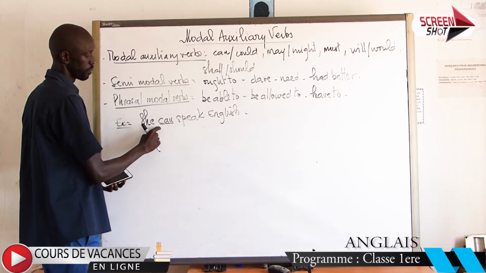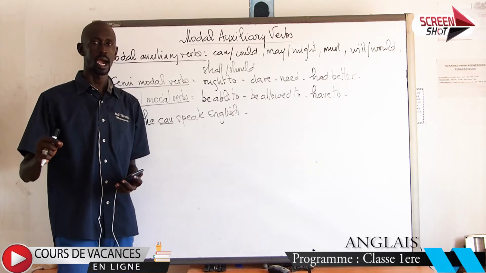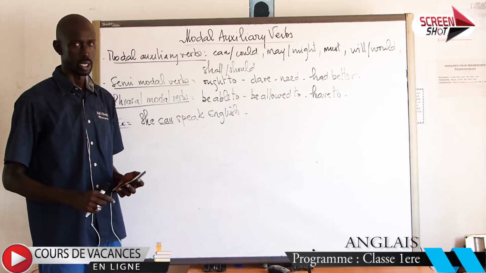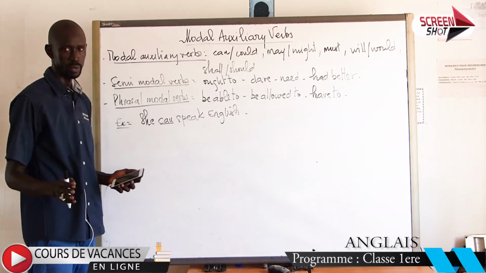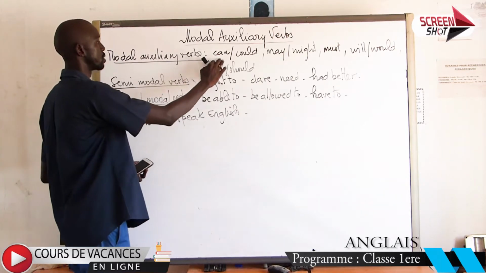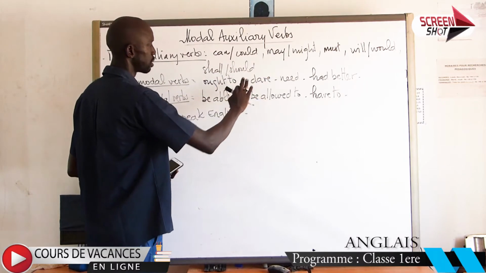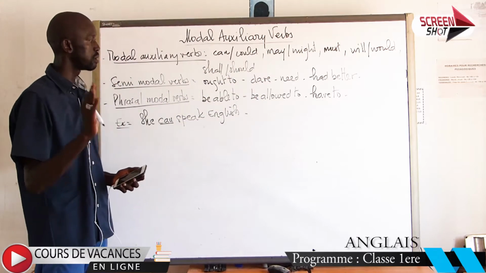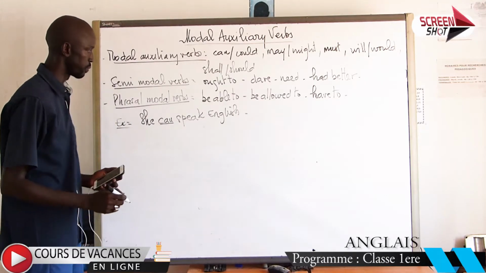But the modal verbs are not preceded and not followed by to. It's not possible to say she can to speak. It's not correct. We do not say to can, to may, to must, or to ought to, or to dare. We say only can, may, must, etc.